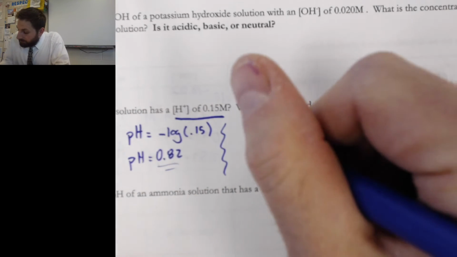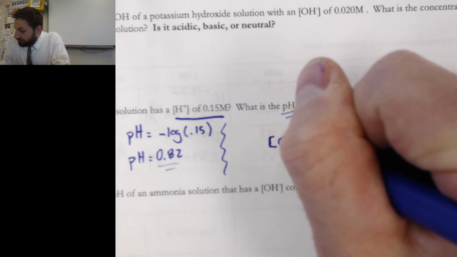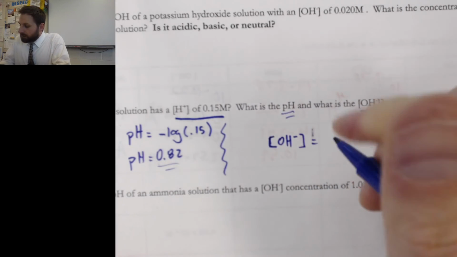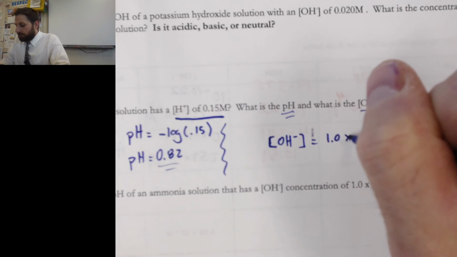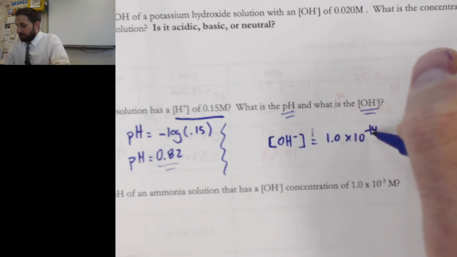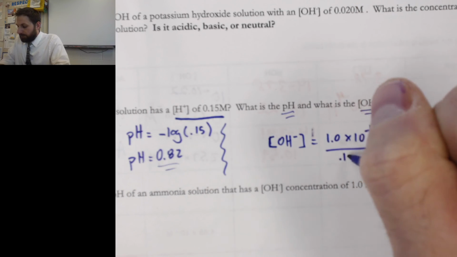All right. So my hydroxide ion concentration equals 1.0 times 10 to the negative 14 divided by 0.15.